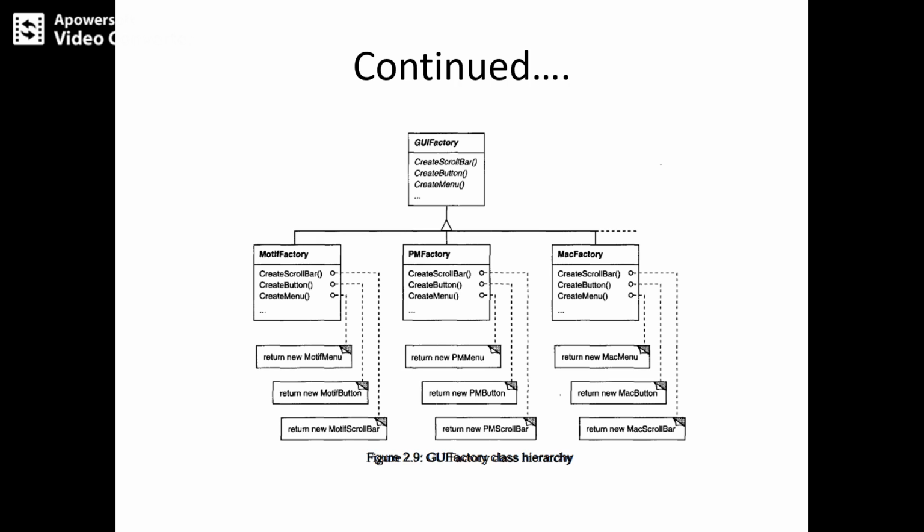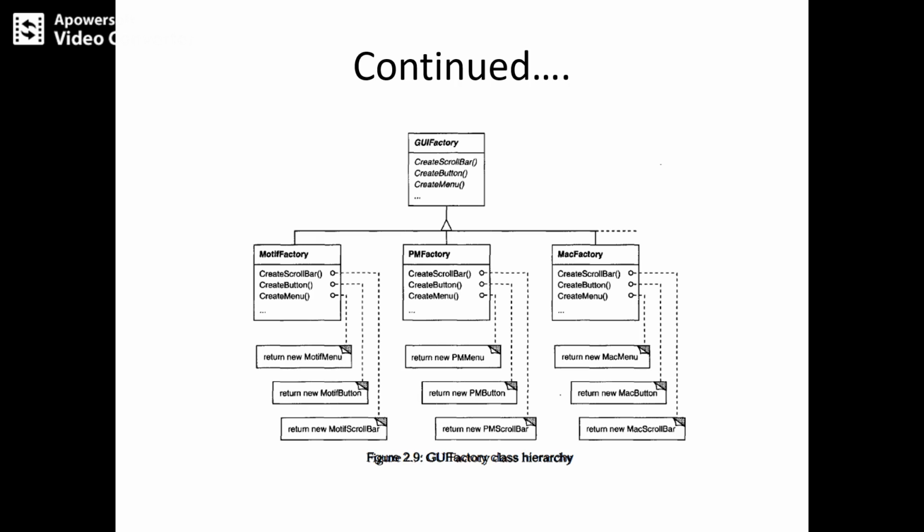In general, the products that a factory produces are related to one another. In this case, the products are all widgets for the same look and feel, because the entire widget is applied by an object created by the same factory, or you can say the product.